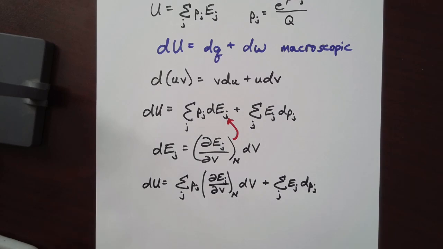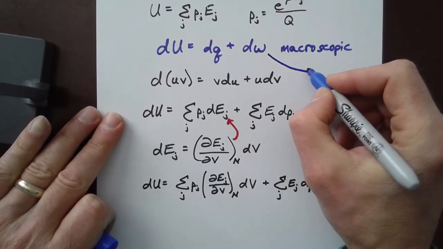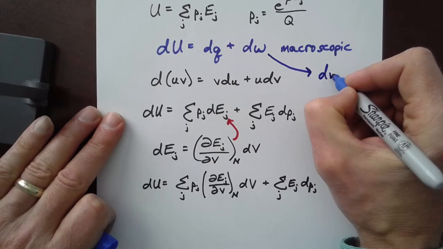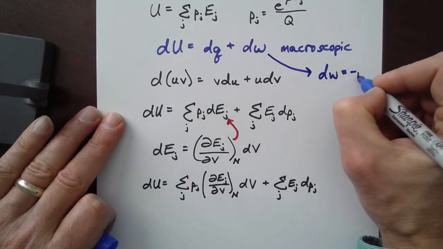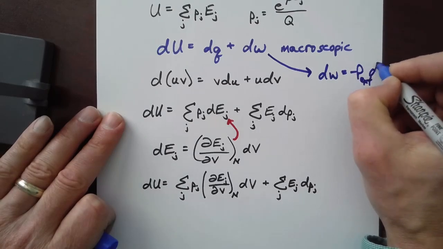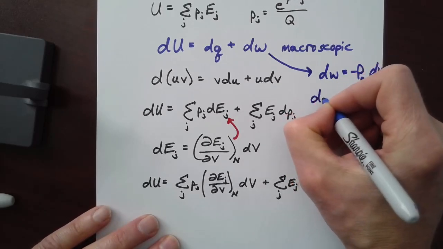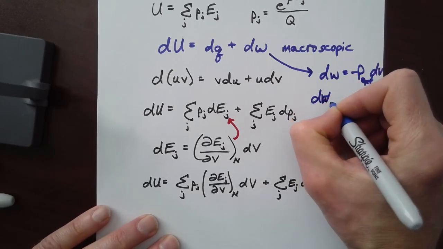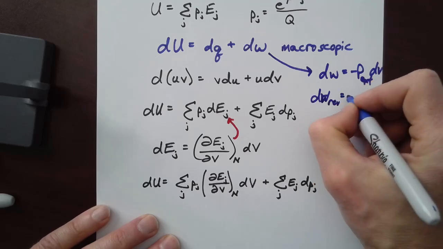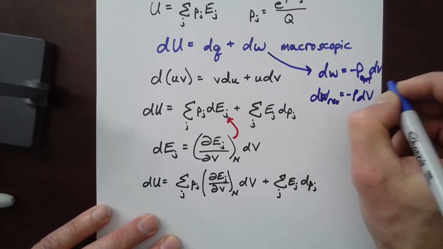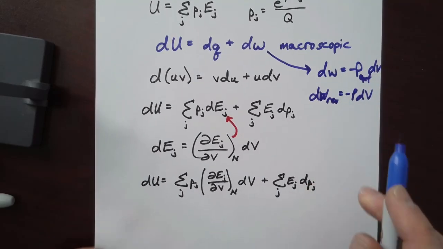Recall that work, we consider the work differential dW, is negative P external dV. If it's reversible work, let's make it reversible work, then we have negative P dV.